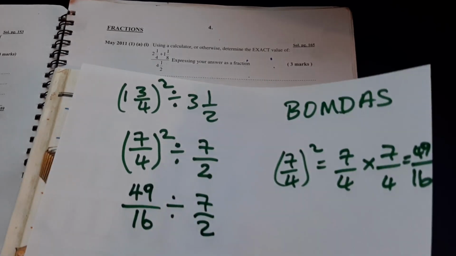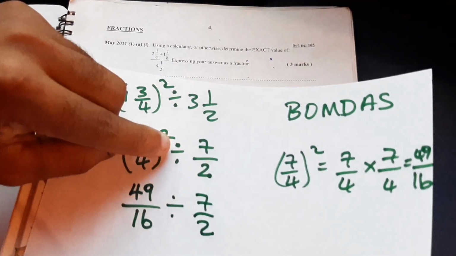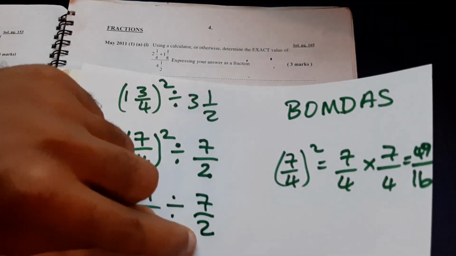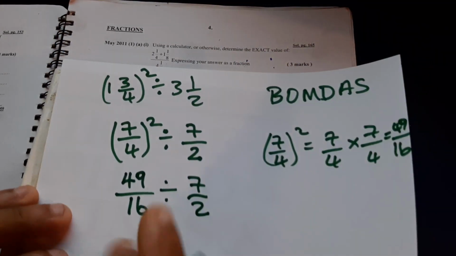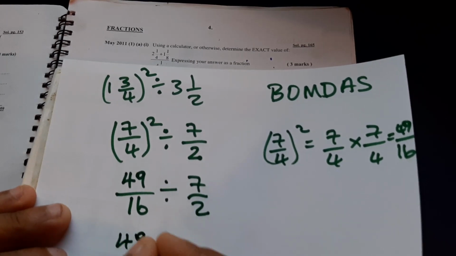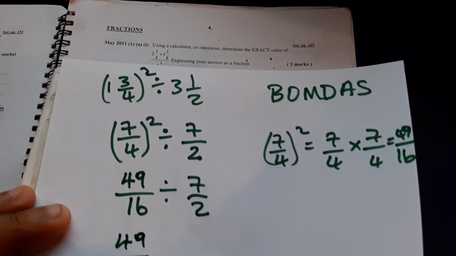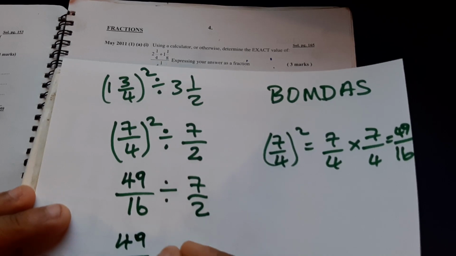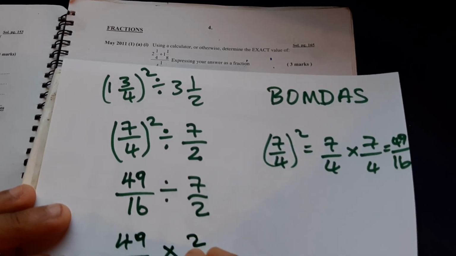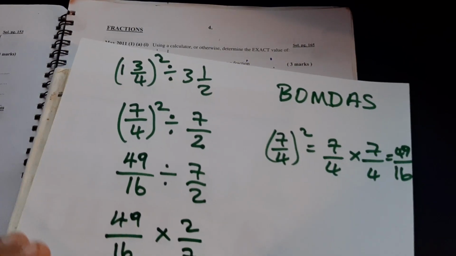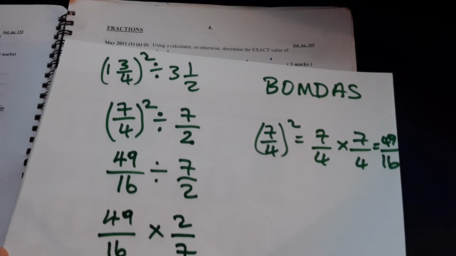So squaring 7 over 4 gives us 49 over 16 divided by 7 over 2. You didn't have to rewrite that. Probably could have changed the division sign to multiplication from here, then flip, but I'm just showing the steps. So we would have 49 over 16 multiplied by 2 over 7. Now remember, whenever we're going to multiply, always check to see if we can cancel.